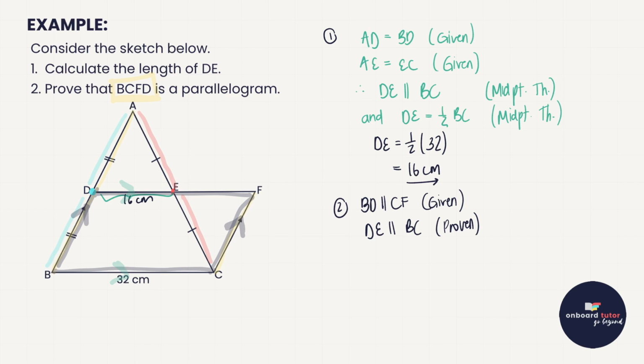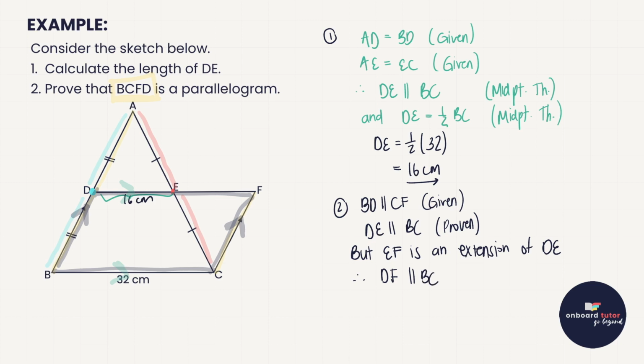Okay, but we can just say that EF is an extension of DE. So therefore, we can use the whole of DF instead of that DE there. So therefore, DF is parallel to BC.